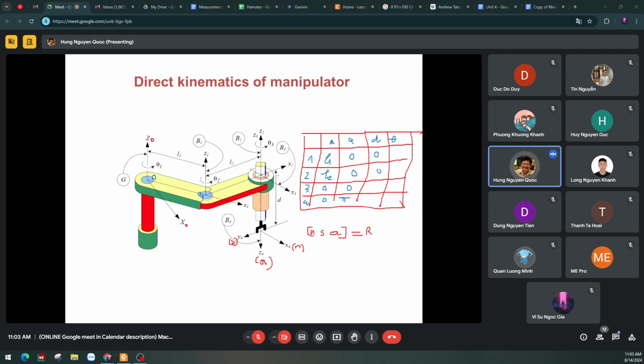Okay, in this case, let me check. If they put like this one, in this case, rotation first, right? You can see rotation first and then sliding.